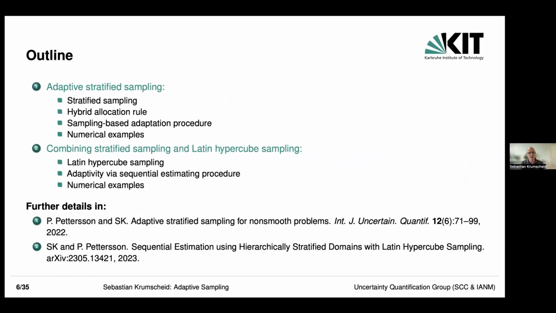We're going to use stratified sampling as our variance reduction technique and try to tailor it to the unknown discontinuity. That's why the outline is two parts. Judging that I'm already quite slow, we're going to start with part 1, obviously, where I'm talking about adaptive stratified sampling, tell you a little bit about our ideas on how to get to this one, and details are in this first work.